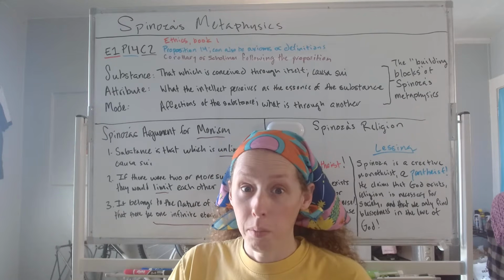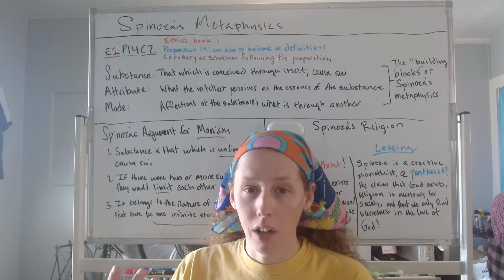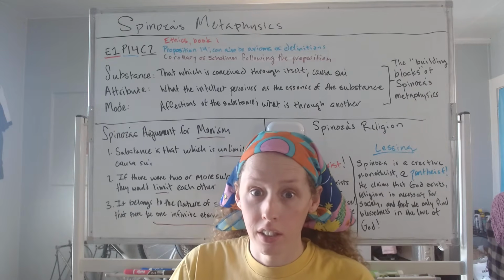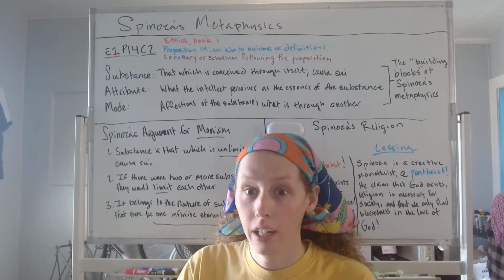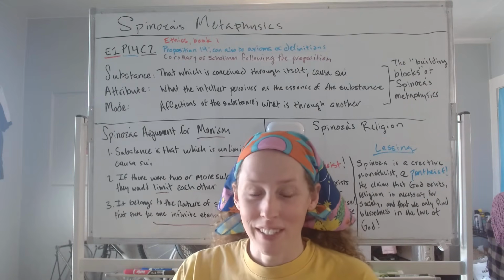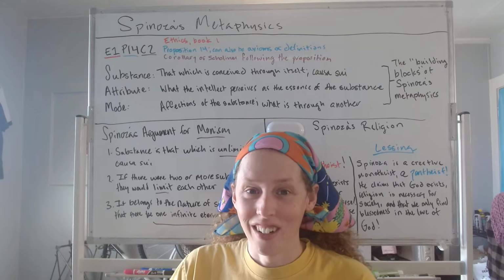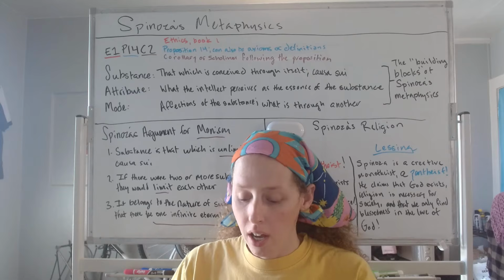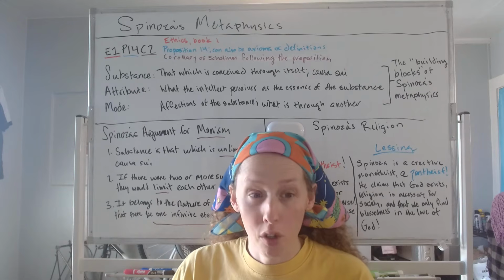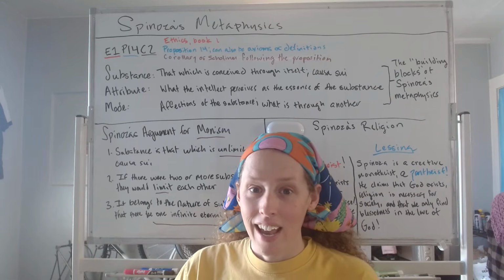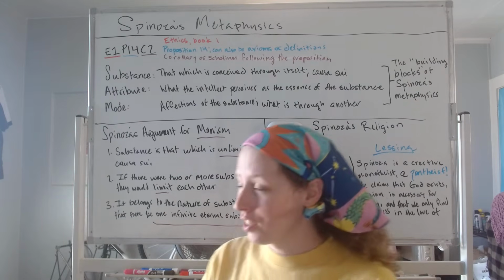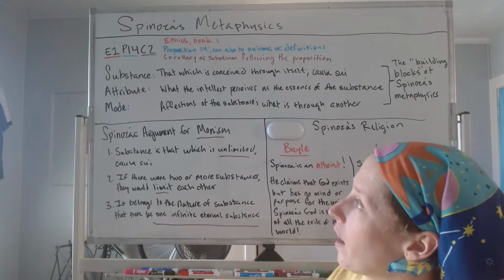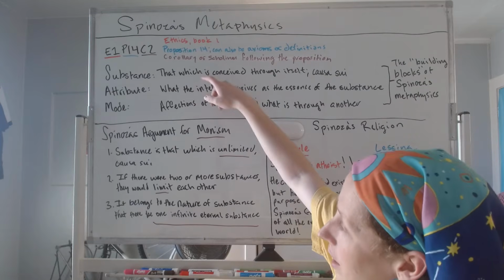I want to start out by showing you a little convention that scholars of Spinoza and the Ethics use to refer to it. You might read some secondary literature, or you might want to be able to make a quick reference to a particular proposition or proof or something like that. And scholars have developed a way to do that that at first just looks like a series of random letters and numbers.